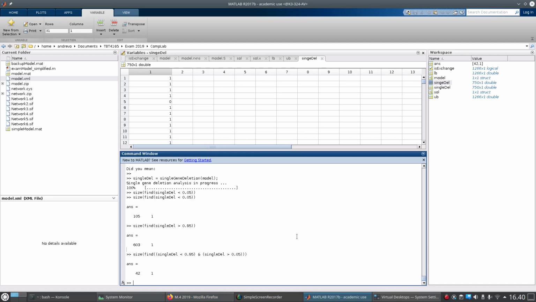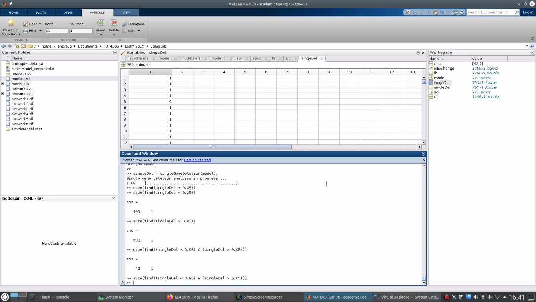So, if we now say that we want to find the ones that are single del, and then of all the single dels that are, I think this is how we call unequal, not 0, I'm gonna need more parentheses, and all the single dels that are not 1.